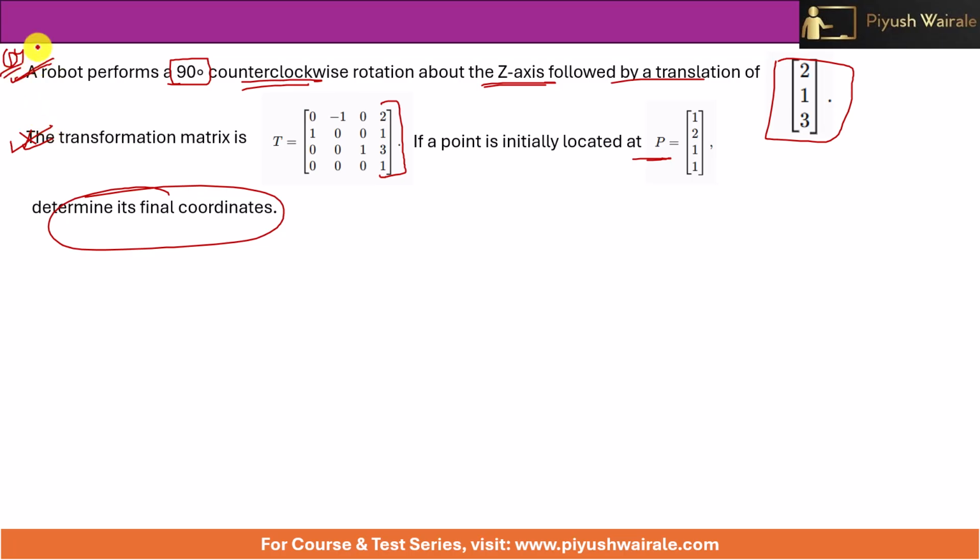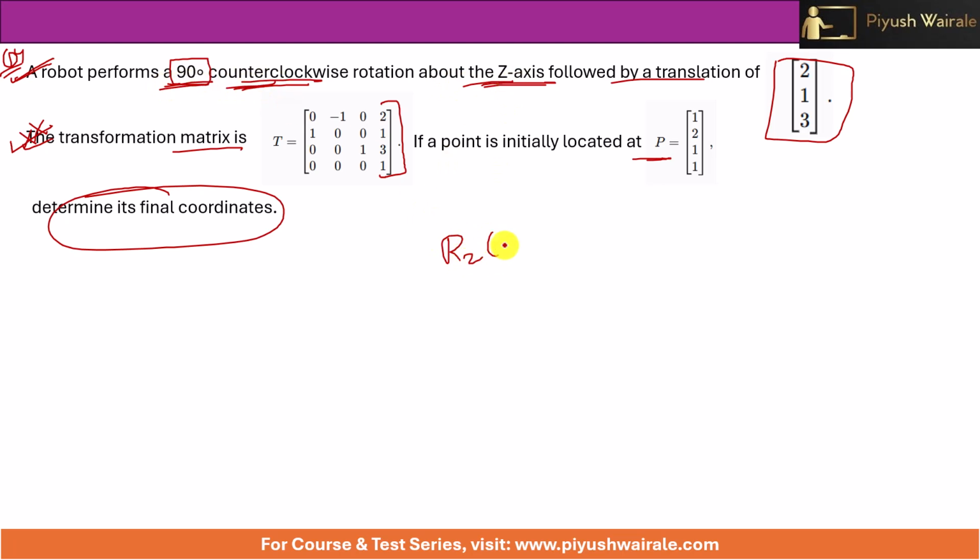But to understand the concept, initially we have given this particular transformation matrix here, so that you will get familiar with it. In the main exam, in the test series, you are not going to get this transformation matrix. So you should understand that it is a 90-degree counterclockwise rotation about the z-axis.